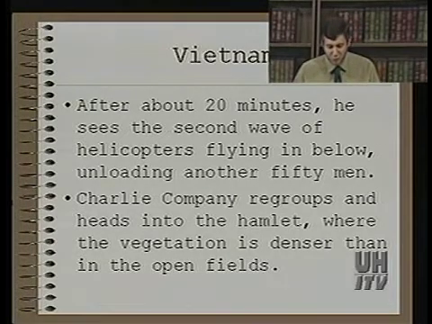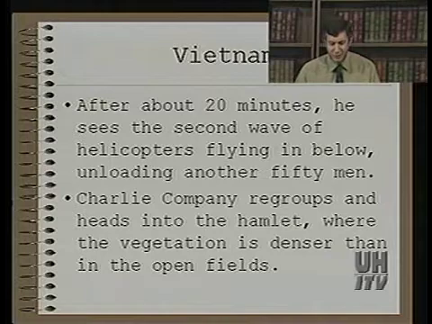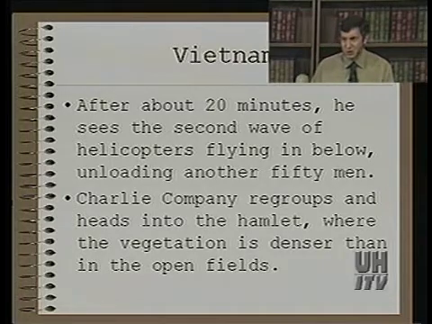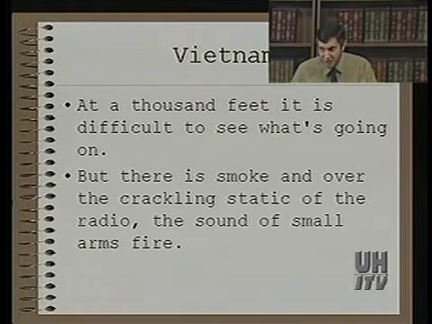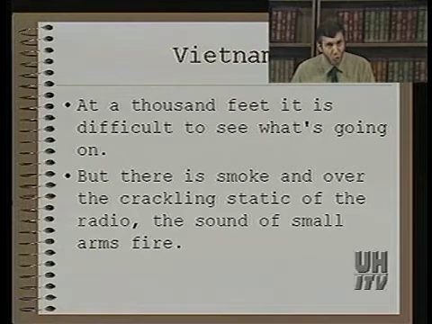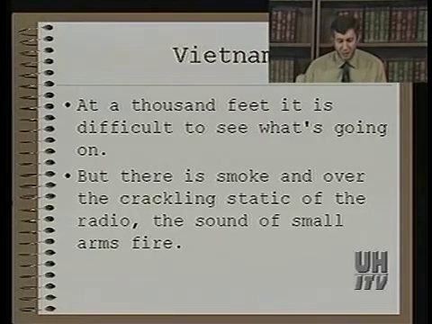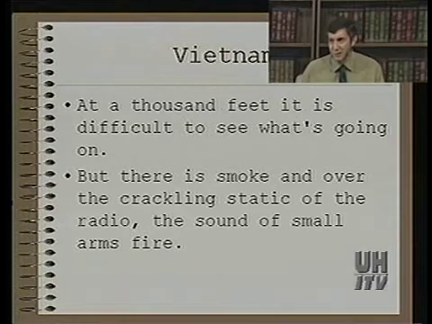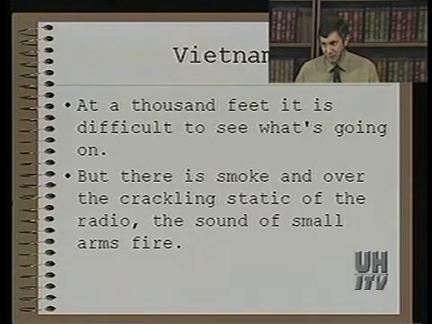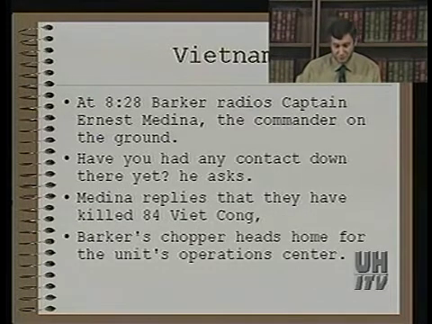Charlie Company regroups and heads into the hamlet, where the vegetation is denser. At 1,000 feet in the air, it's harder to figure out what's exactly going on on the ground. But there's smoke, and there's the sound of small arms fire. So you know something's going on, but you can't quite make out what it is.